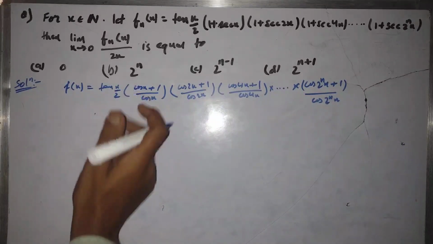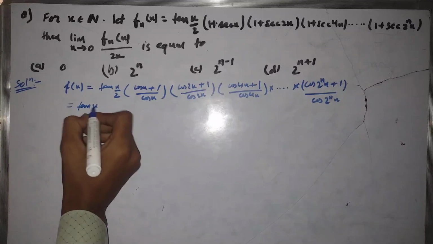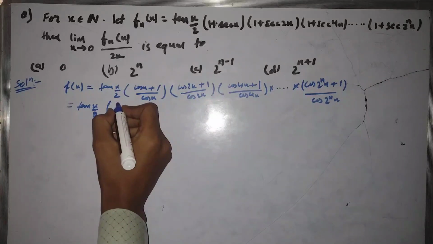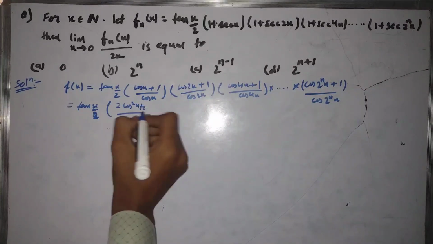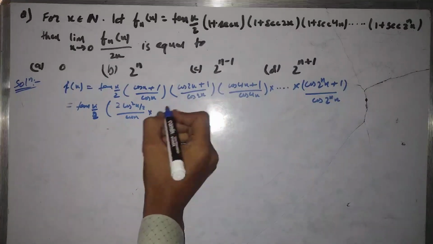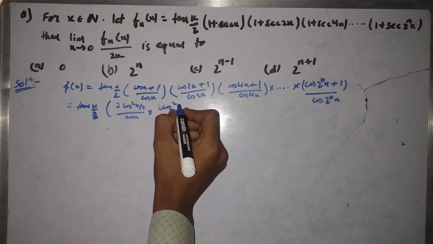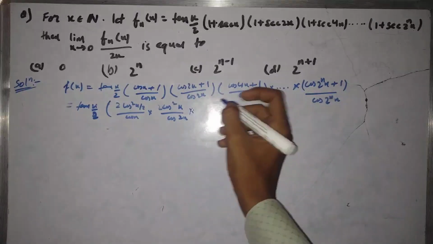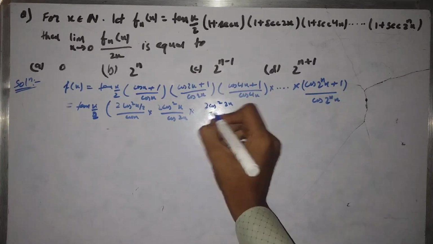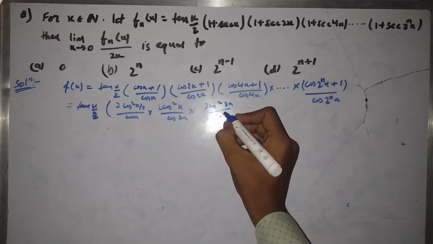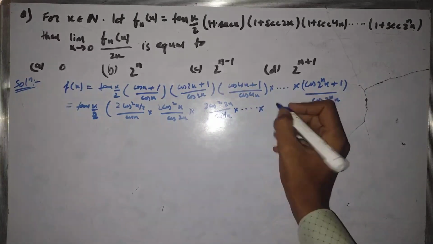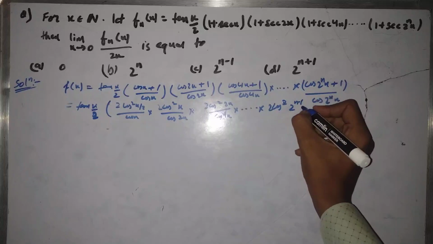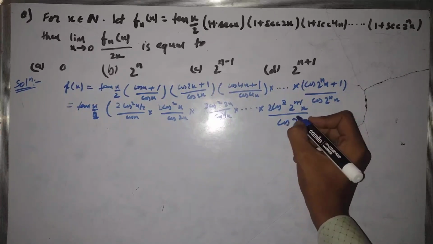We can see that this is actually tan of x by 2 times 2 cos square x by 2 upon cos x, and this is 2 cos square x upon cos 2x, and this will continue to 2 cos square 2x upon cos 4x, and all the way up to 2 cos square 2 to the power n minus 1 x upon cos 2 to the power n x.